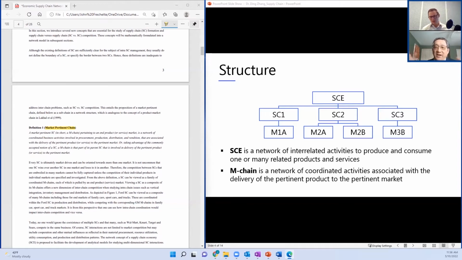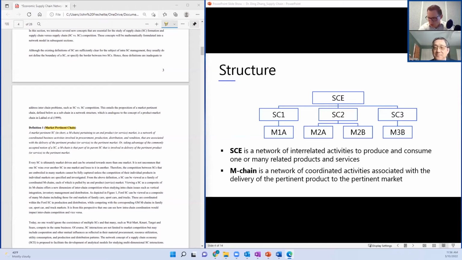But the whole body, I coordinate these, my arms and legs, as my M chains in the production, in the procurement, in the economic scale that I can save my cost and function better. So I can be more healthy, in a sense, the whole supply chain. And then supply chains compete with other supply chains or interact with them on this platform of supply chain economy, if that helps.